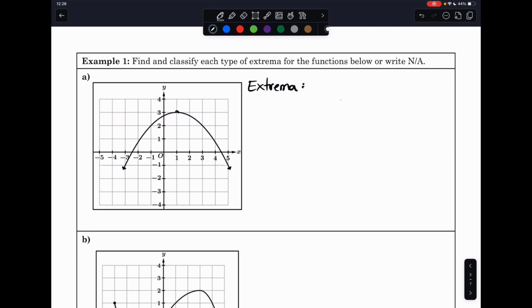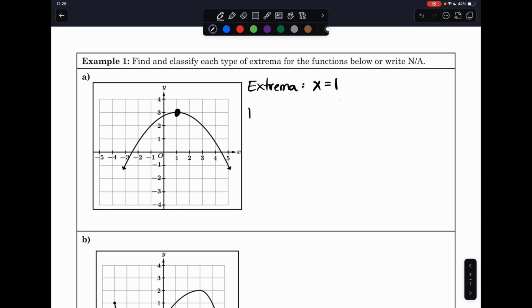Well, that's going to occur right here at this point where x is equal to 1. And since this is not an endpoint because of the arrow, and this is not an endpoint because of the arrow, this is going to be the only place where our rate of change is equal to 0. Only at that position right here, where the x value is 1. So that's our extrema.